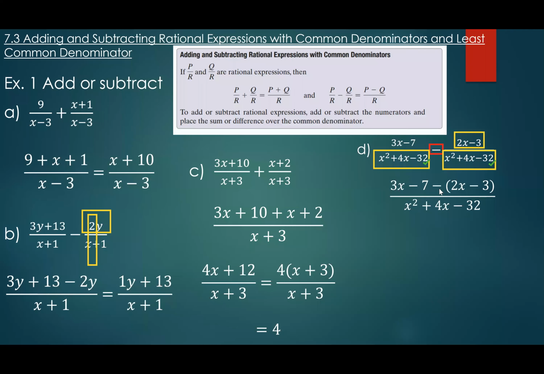Because of this minus sign, I need to change the sign of the 2x and change the sign of the 3. So all I did was distribute this negative in to become a negative 2x, and a negative becomes a positive.